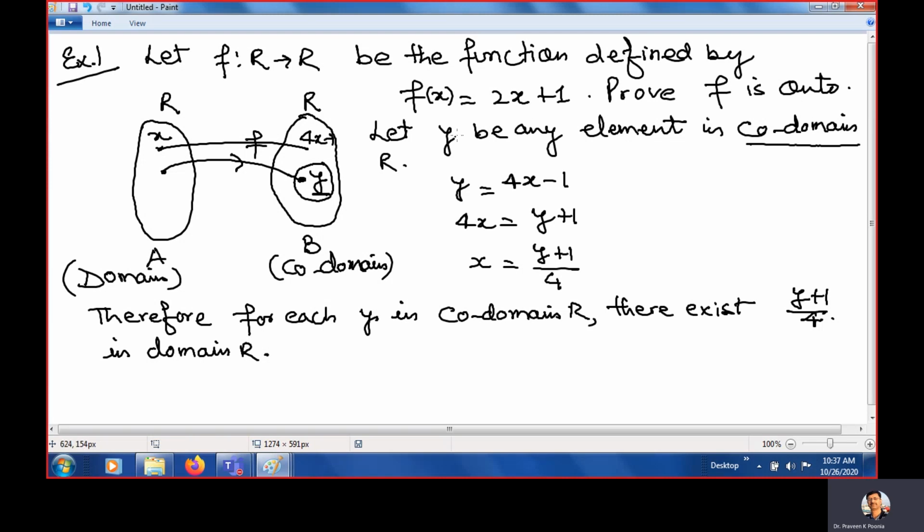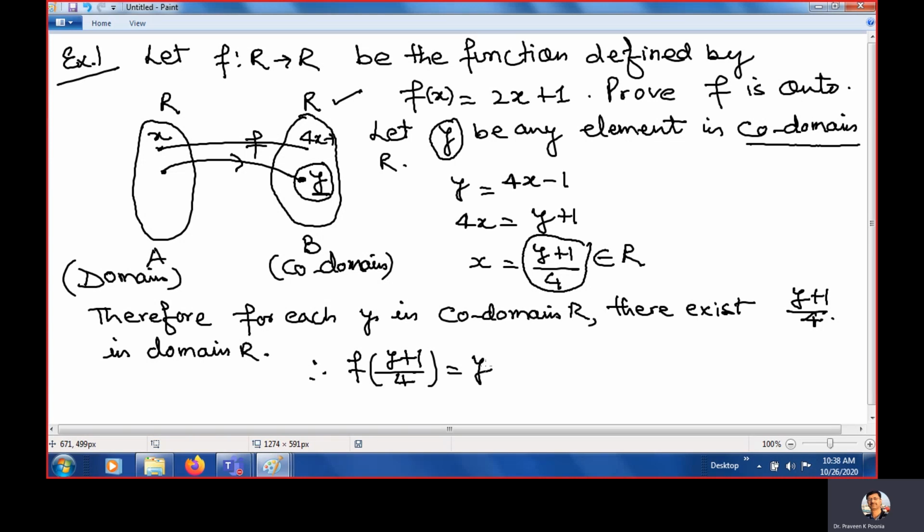Clear? Because we have taken y as a real number. And if y is a real number and we are doing plus 1, a real number plus 1 is again a real number. And a real number divided by 4 is again a real number. So there is no change. Thus, this number y plus 1 upon 4 belongs to the set of real numbers. Understand or not? Therefore, f of y plus 1 upon 4 is equal to y.